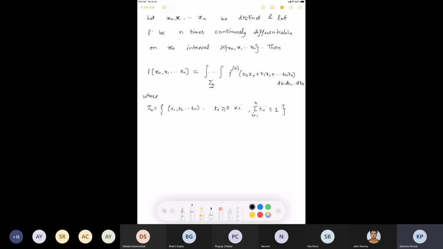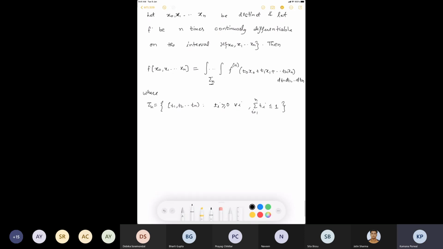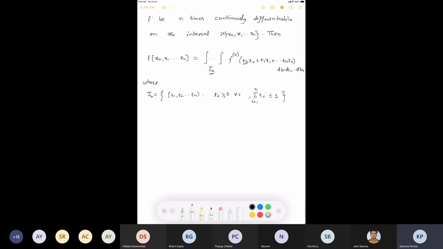Note that I have not defined what t0 is so far, since this just includes t1 up to tn. So what is t0? t0 is 1 minus the summation of ti's, i ranging from 1 to n, which means the summation of all the ti's, i ranging from 0 to n, is equal to 1.